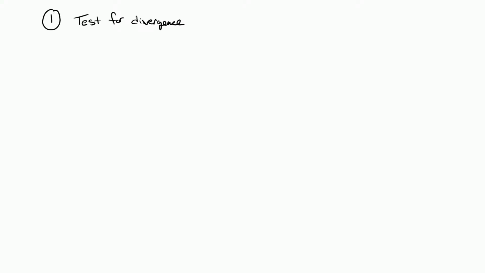So let me just jot this down. You're going to see this list over and over again, and we're going to add to it. So here we go: if the limit as n approaches infinity of the term does not equal 0, then the sum diverges.